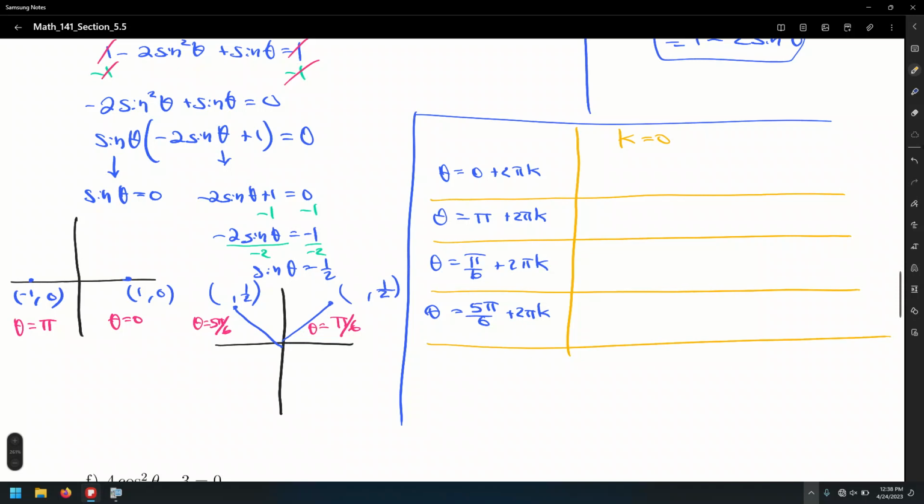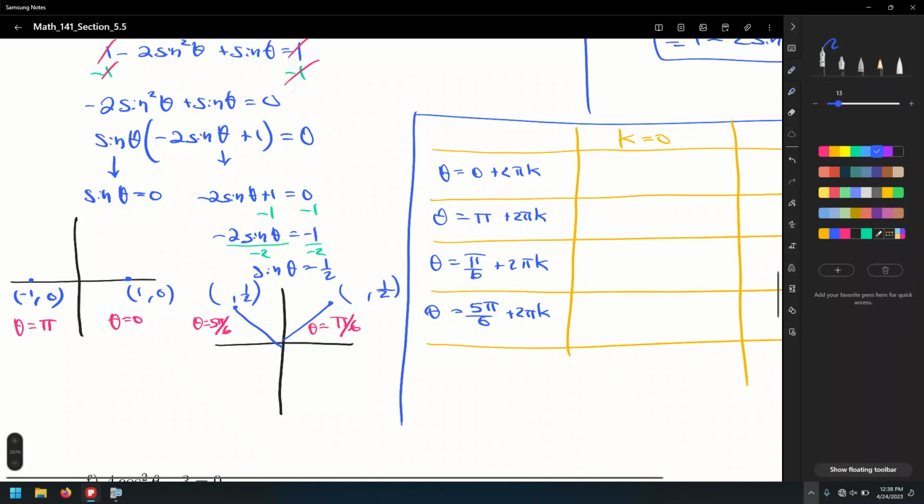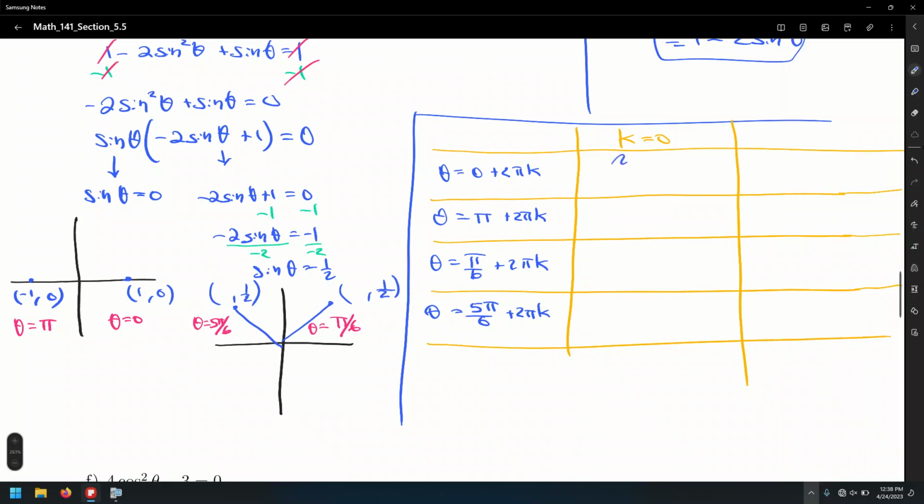Let's make the table real quick. For k equals 0, we're going to have theta equals 0 plus 2 pi times 0. That's simply theta equals 0.